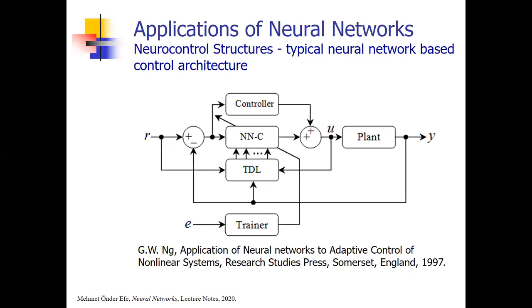Of course, it could be an H-infinity controller, or advanced control mechanisms could be used here. Okay, it is a classical controller, and this classical controller provides a nominal, average performance, and the performance is improved by this neural network part.